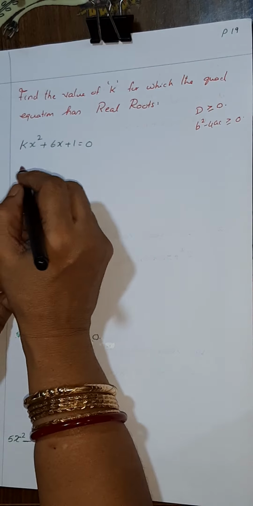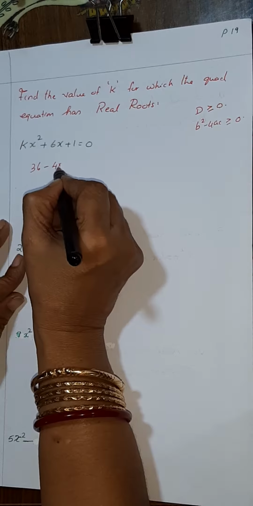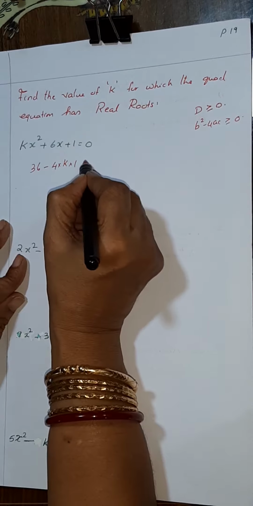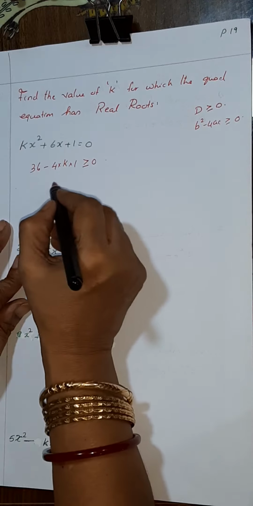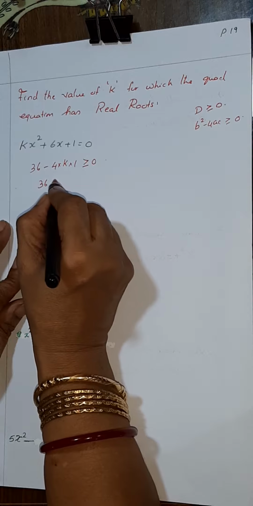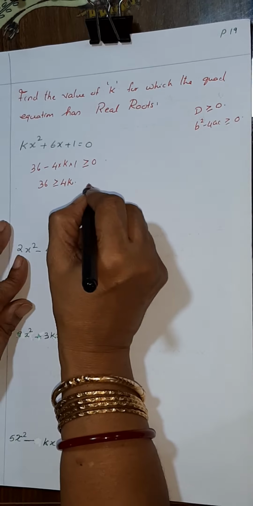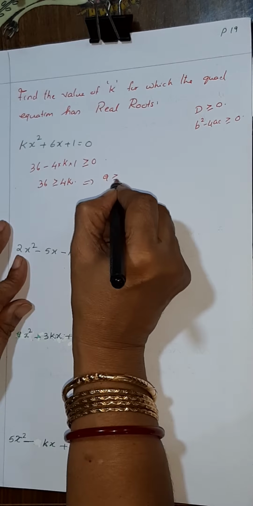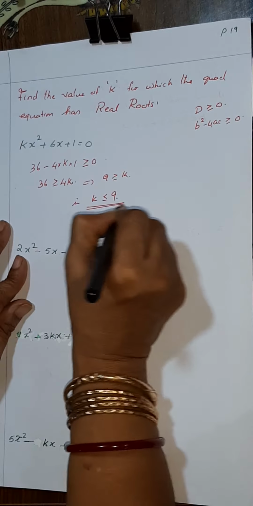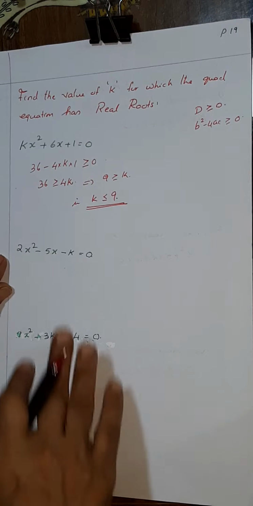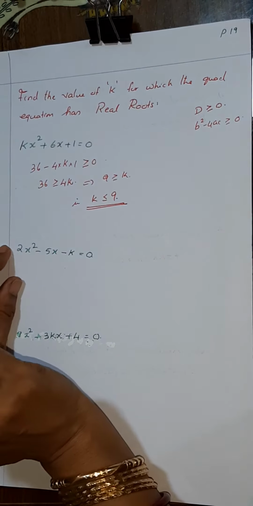So substituting here, b squared is 36 minus 4 into k into 1 is greater than or equal to 0. So 36 is greater than or equal to 4k. So 9 is greater than or equal to k, that is k is less than or equal to 9. So all the values less than or equal to 9 will satisfy this.